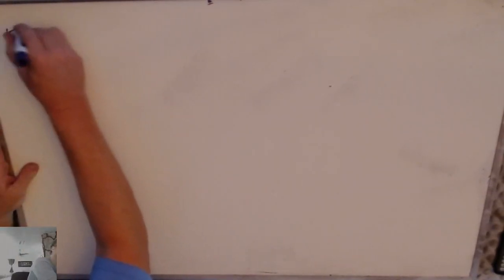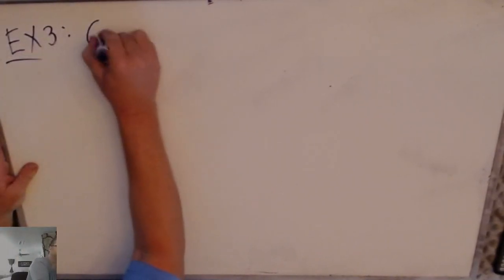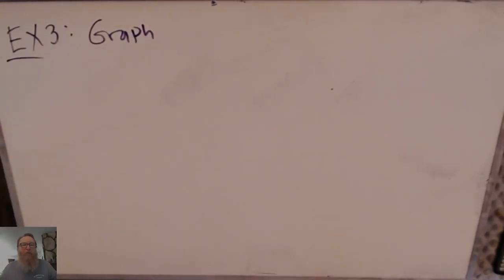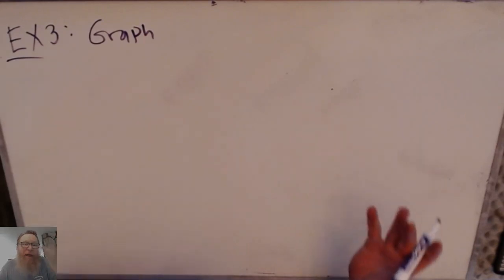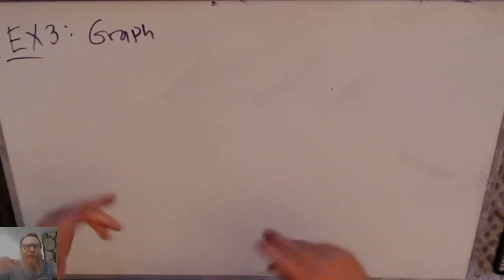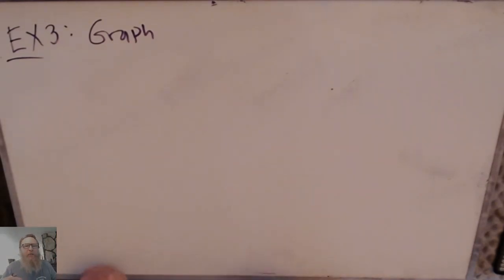Let's try another example. One thing you can do is draw the whole graph first and then just look at the graph to figure out the end behavior. That's actually the easier way to do it, because then you don't have to plug in so many numbers. Yeah?